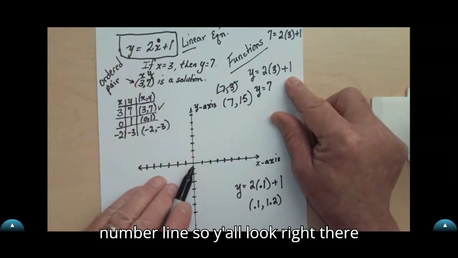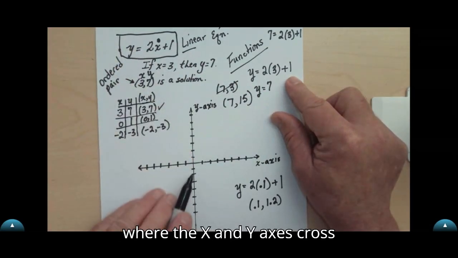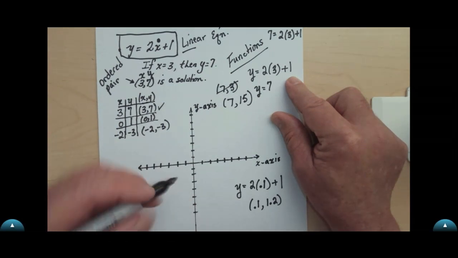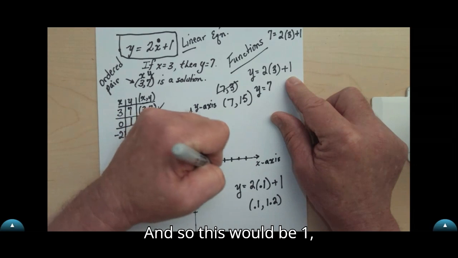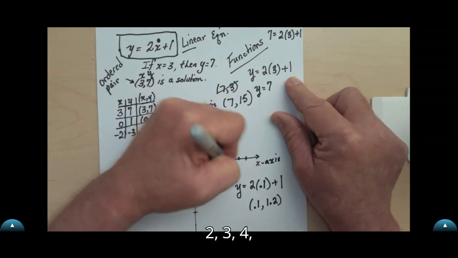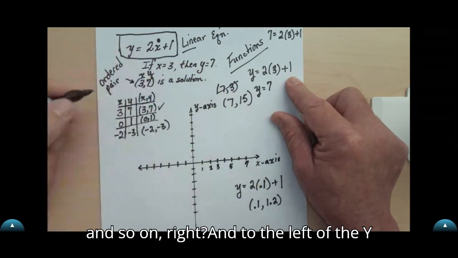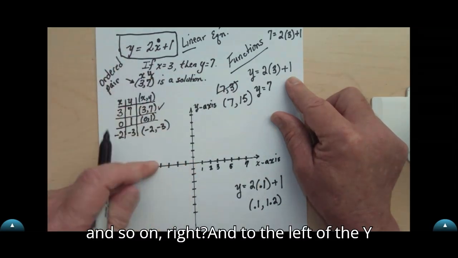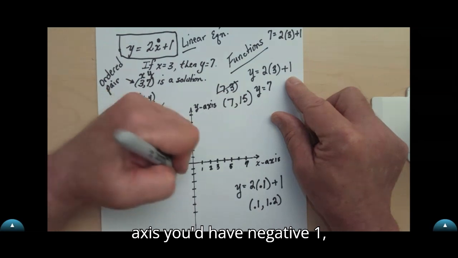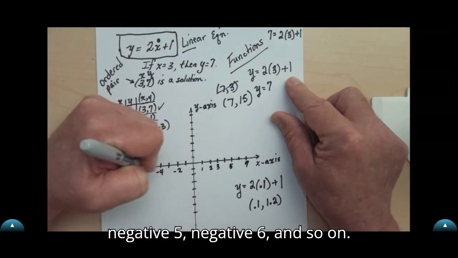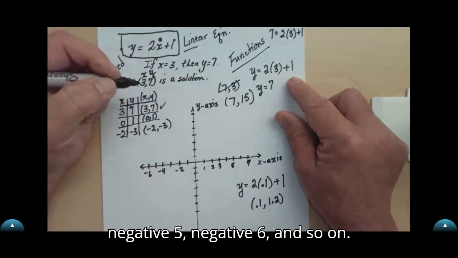Look right there where the x and y axes cross, that's 0 on the x number line. And so this would be 1, 2, 3, 4, 5, 6, 7, and so on, right? To the left of the y-axis, you'd have -1, -2, -3, -4, -5, -6, and so on.